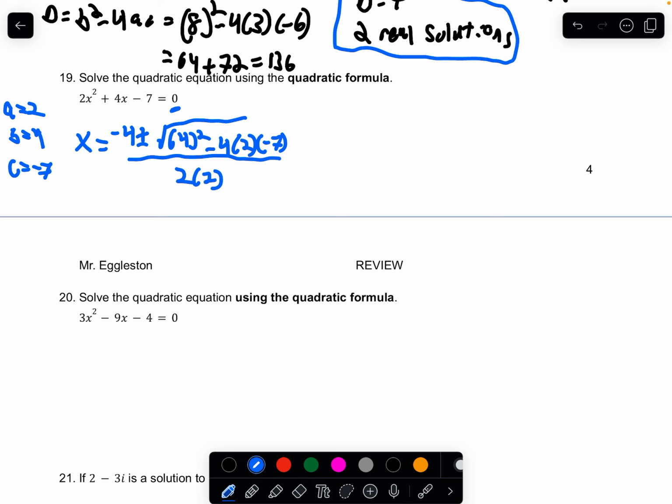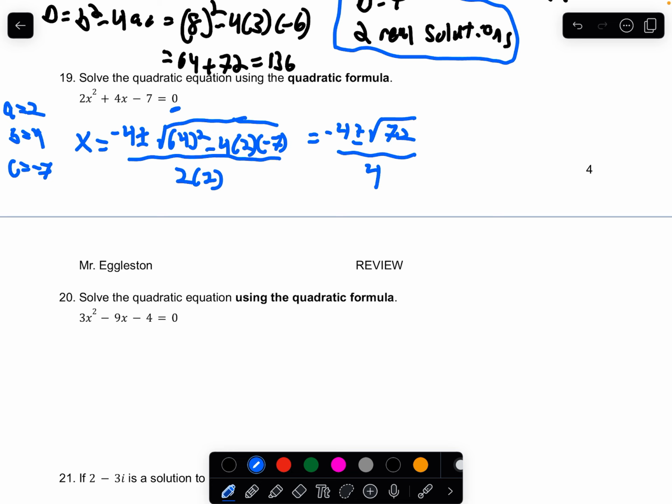Type it into your calculator. I always like to do what's underneath the radical first. So 4 squared is 16. So 16 plus 8 times 7, 16 plus 56, that's 72. So this is negative 4 plus or minus square root of 72 over 4.